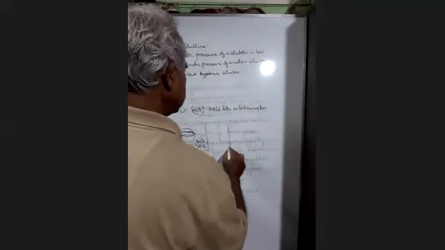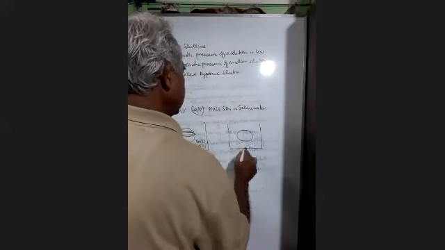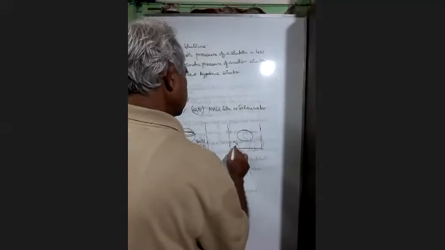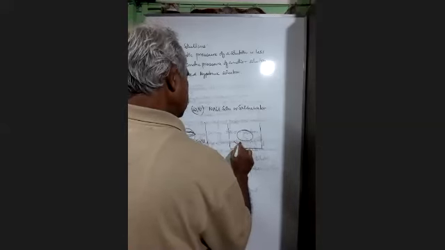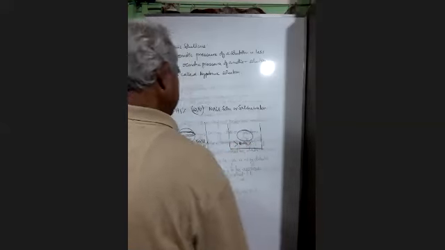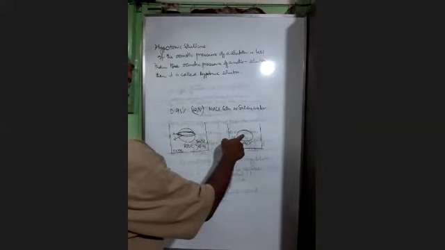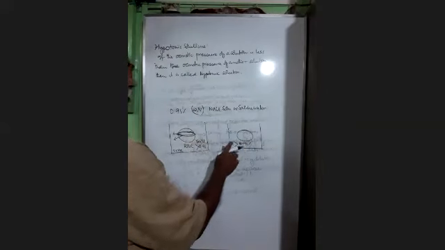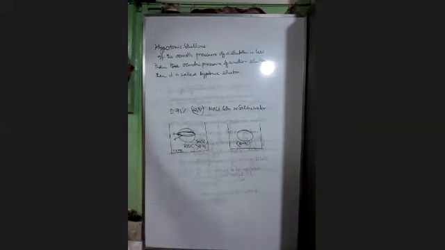Similarly, if you keep this RBC in a sodium chloride solution that is less than 0.91%, then what will happen?